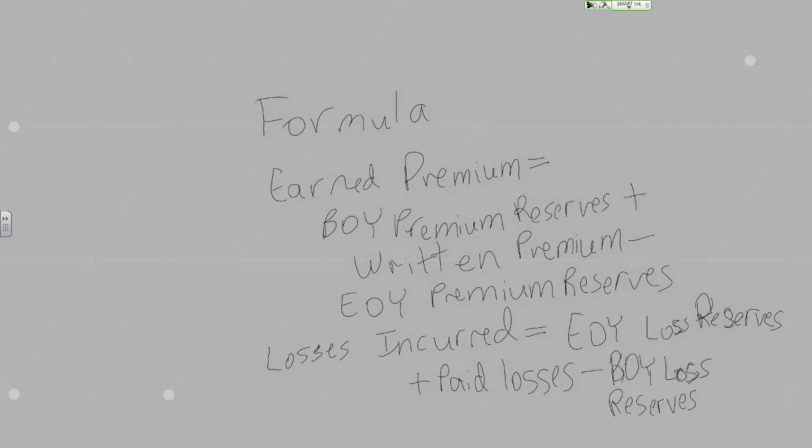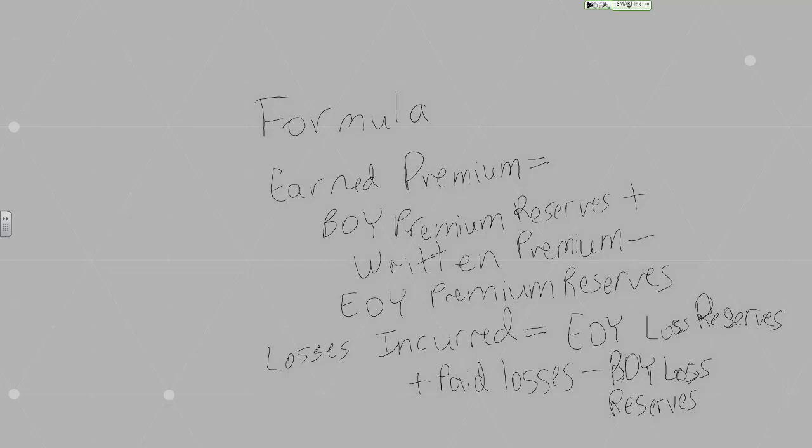This makes sense if you assume that the beginning of year loss reserves are reflective of all losses that occurred before the current year but have not been paid yet. So by subtracting those out, you're subtracting out any losses that were paid or that are currently in loss reserves from losses that actually occurred in a prior year.